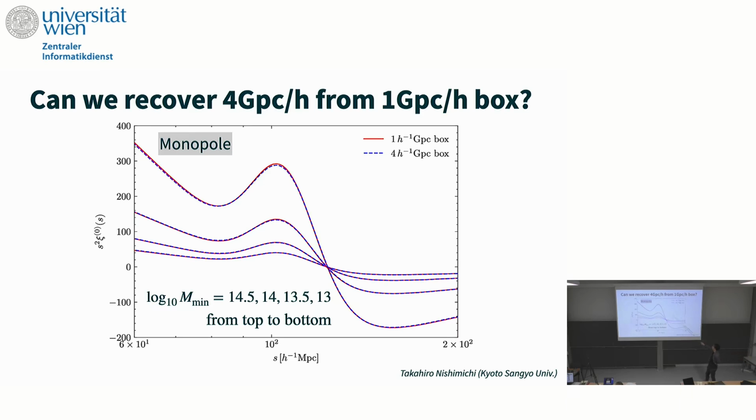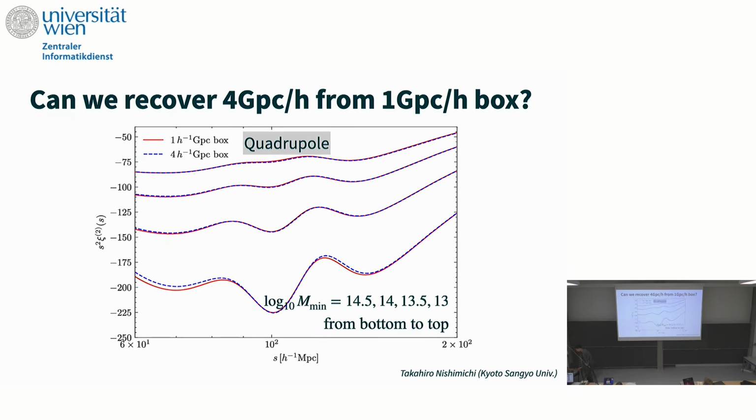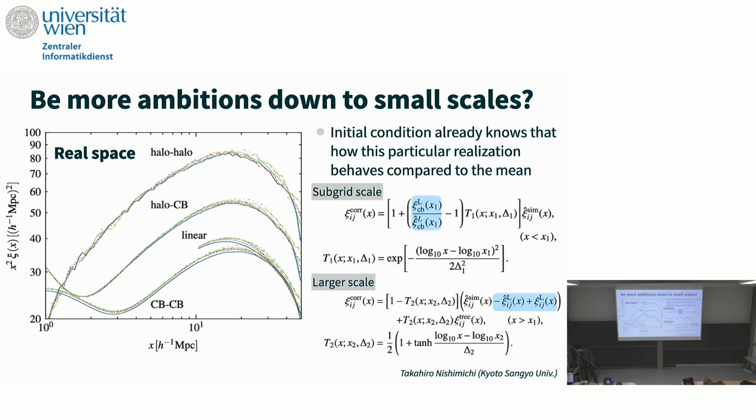Here we compare 2 boxes after this implementation. We have to be careful that 1 Gpc and 4 Gpc simulations have different large-scale modes. 4 Gpc has more large-scale modes, which can induce more damping, but still we can recover this monopole feature and quadrupole feature pretty well.